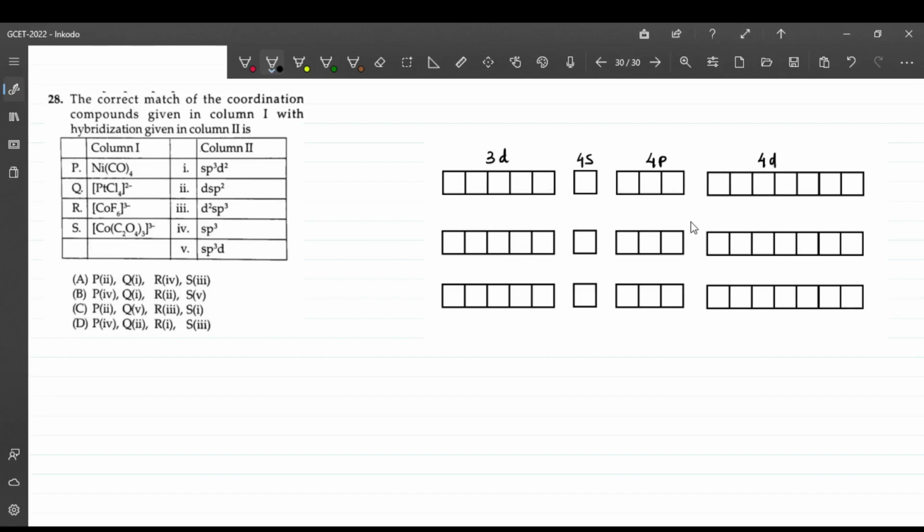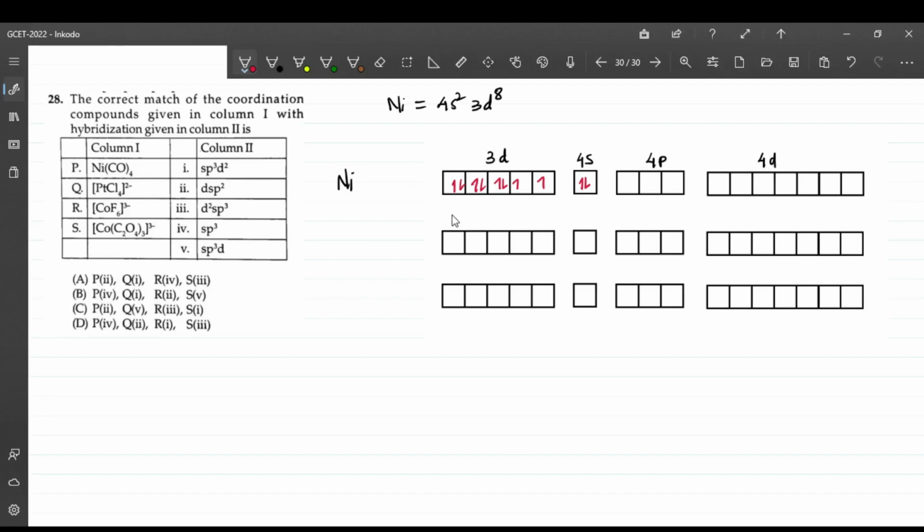When I talk about nickel, independently, its electronic configuration will be, scandium, titanium, vanadium, chromium, manganese, iron, cobalt, nickel: it is 4s2 3d8. Means here there are 2 electrons, and here there are 8 electrons: 1, 2, 3, 4, 5, 6, 7 and 8, right?